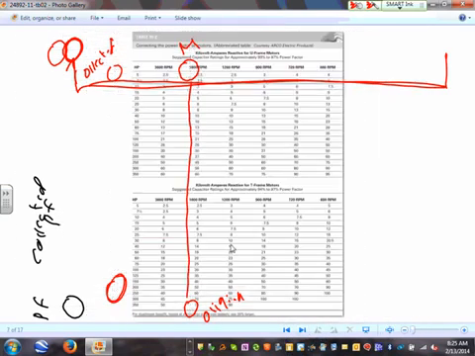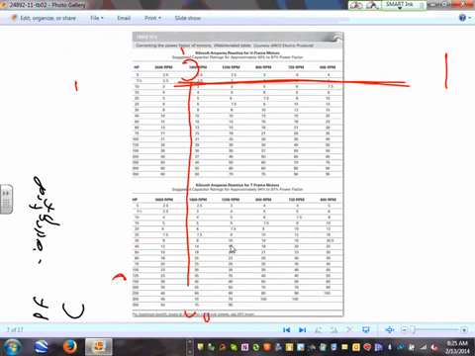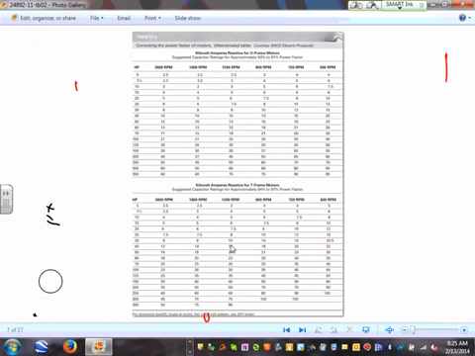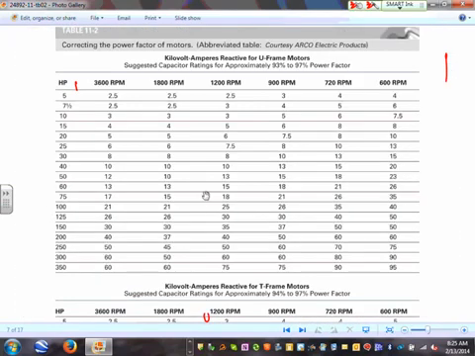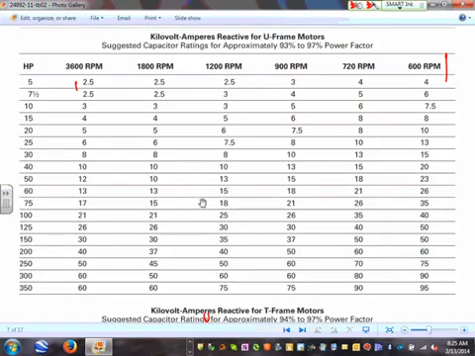The second thing is these two tables. Please pay attention to them. These tables, my friends, talk about the different frames. Okay, let's talk about the first one, guys. Very easy, but I would like you guys to know how to read it.